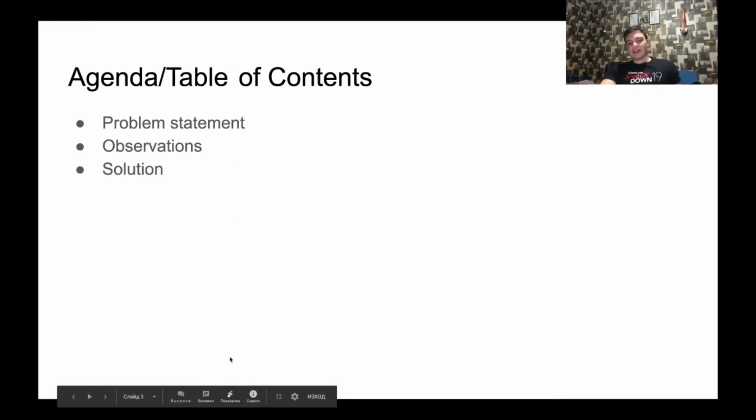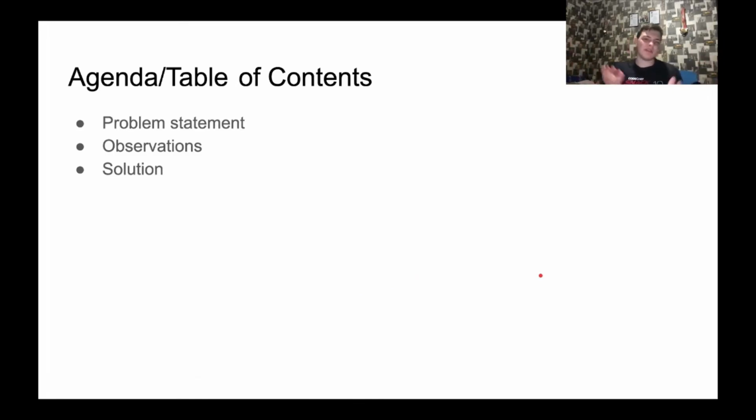As I already said, in this problem you don't have a lot of observations, but there are some cases we need to consider. It's not very hard if you just start writing out different observations, and then you're going to realize that the actual solution is relatively simple.